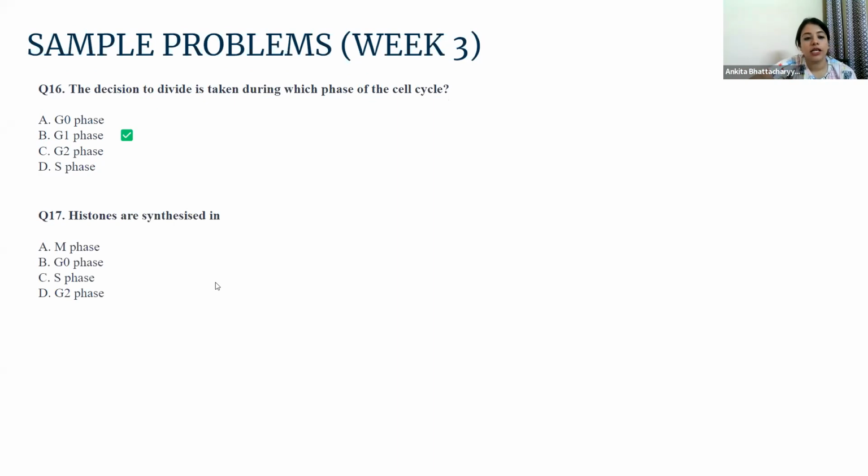The next question is about histones, and when we are trying to figure out which phase histones are synthesized in, as we have already discussed that each of the phases is responsible for making some decisions. So the M phase, G0 phase, S phase, and G2 phase each have different functions, but since S phase is the synthesis phase where the cell is doubling all of its contents, it also has to double histones.